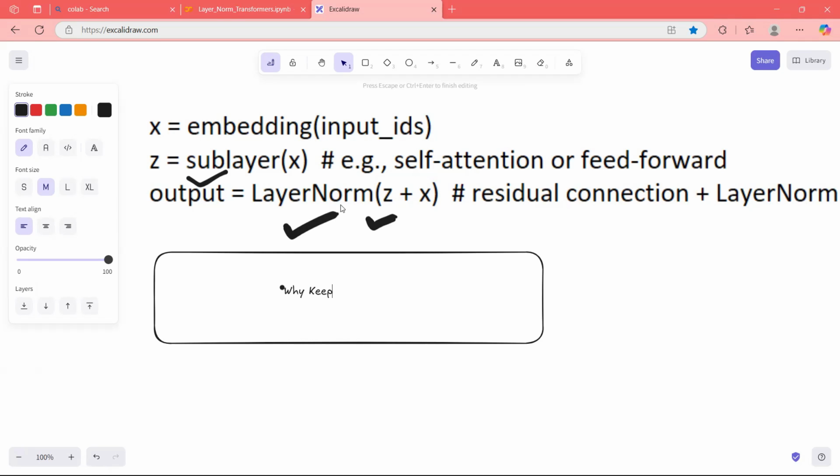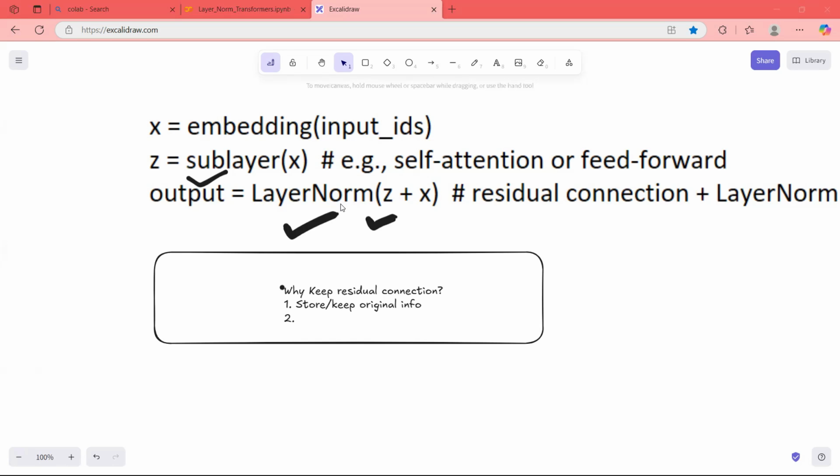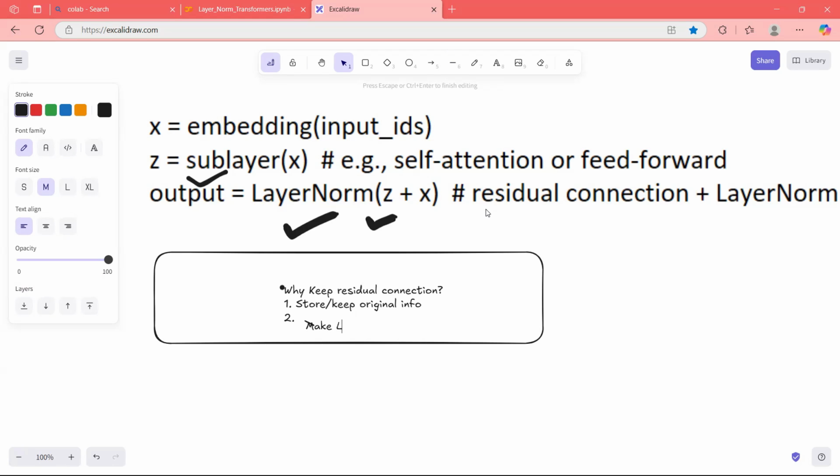So if somebody asks you why keep the residual connection, there are two reasons: first, keep the original info, and second, make learning faster and easier.